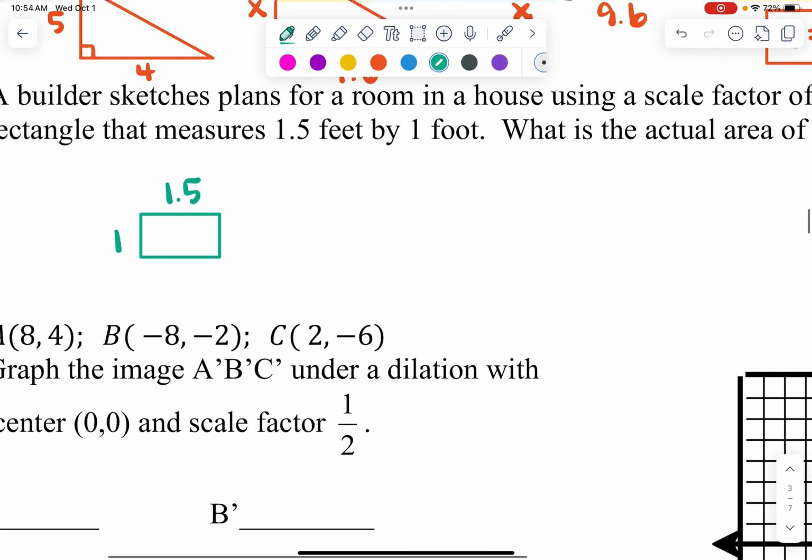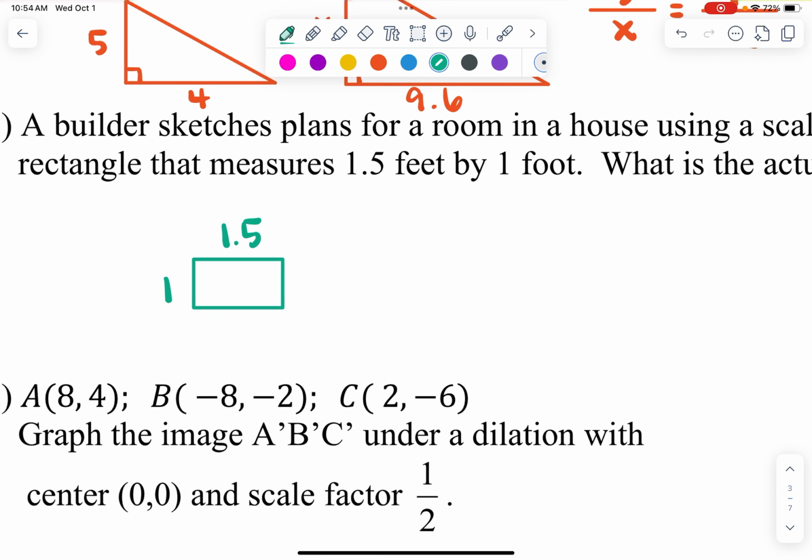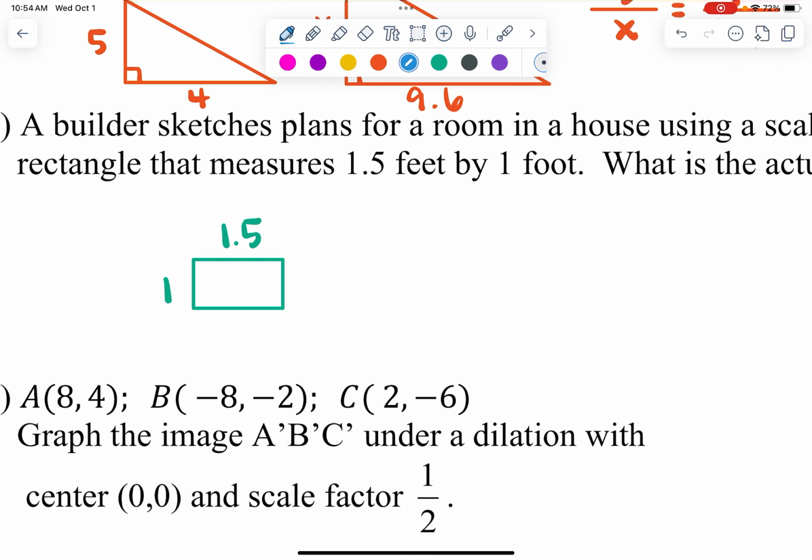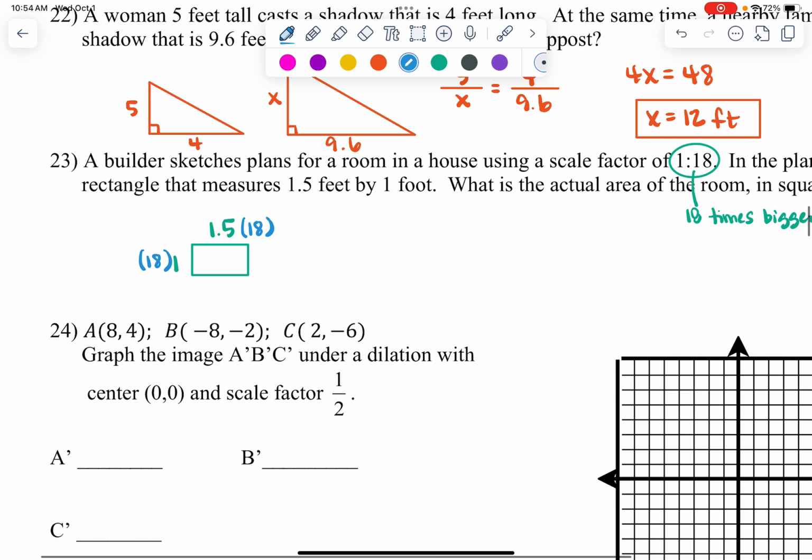All right, well, what am I going to do to these actual measurements? I'm going to multiply them by 18 because the actual room is 18 times bigger, because they literally just told us that. So that means the new dimensions are going to be 18 feet by 27 feet.